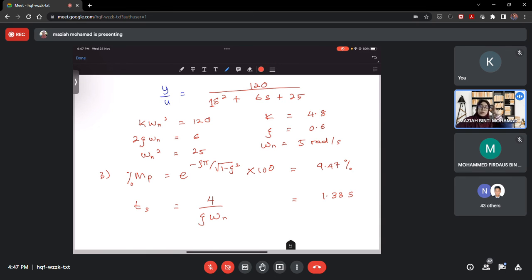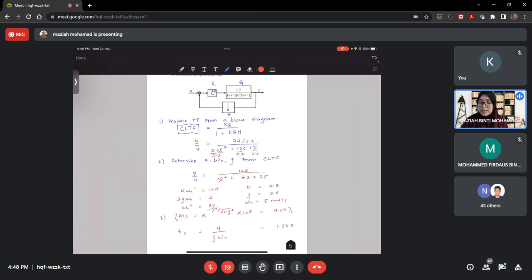Alright, so the maximum overshoot is 9.47% or 0.095, you can consider that. And then we settle to the final value after 1.33 seconds. Okay, so you can see the flow.